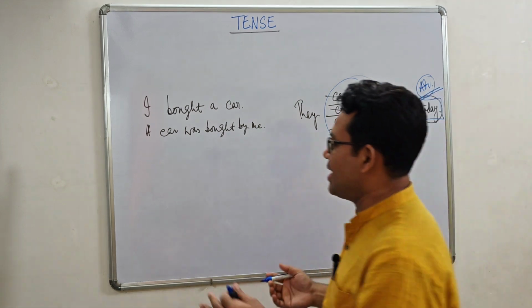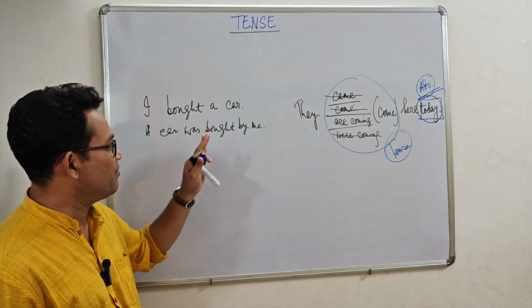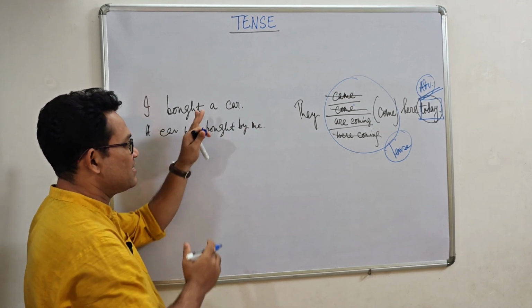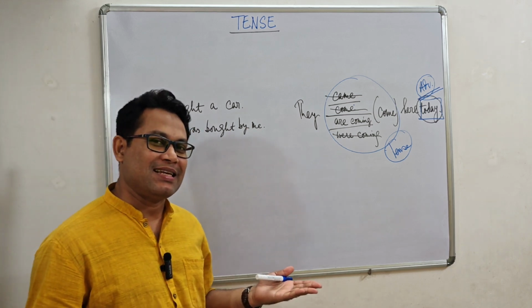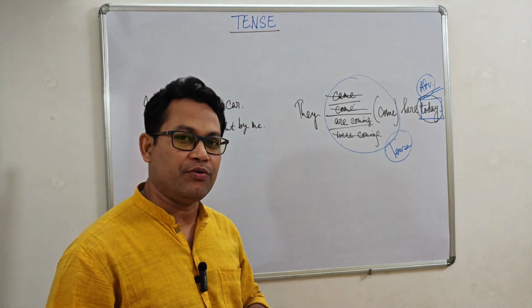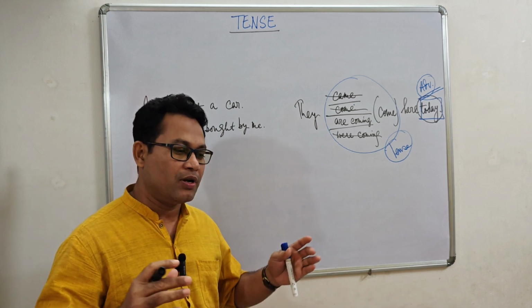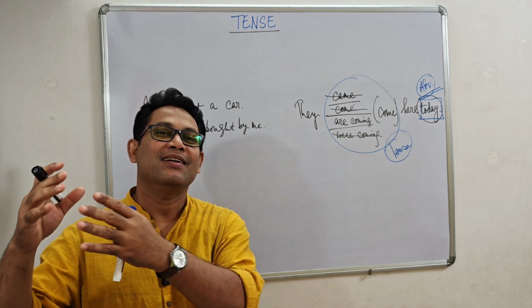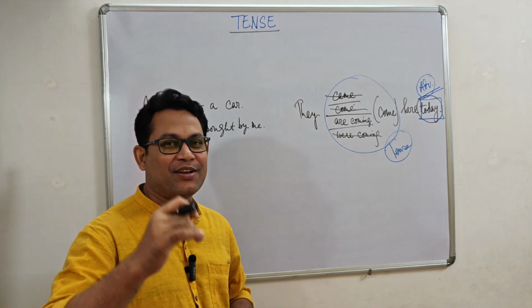But on the other hand, in the two earlier sentences there is no role of timing whatsoever. Therefore, we don't get any tense there. It is simply voice. Therefore, what is tense? I hope it is clear to you that tense is a combination, an interplay between action and time. Action through verbs, time through adverbs.